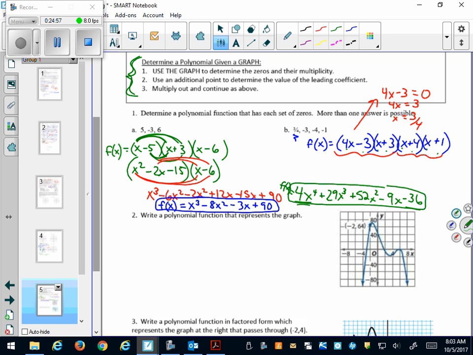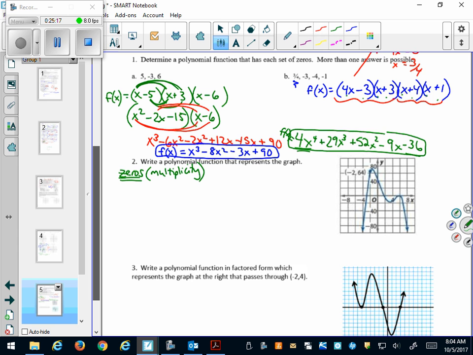So I'm going to start with zeros. And in parentheses, I'm going to put their multiplicity. So when we look at this graph, I see a 0 here, here, and here.